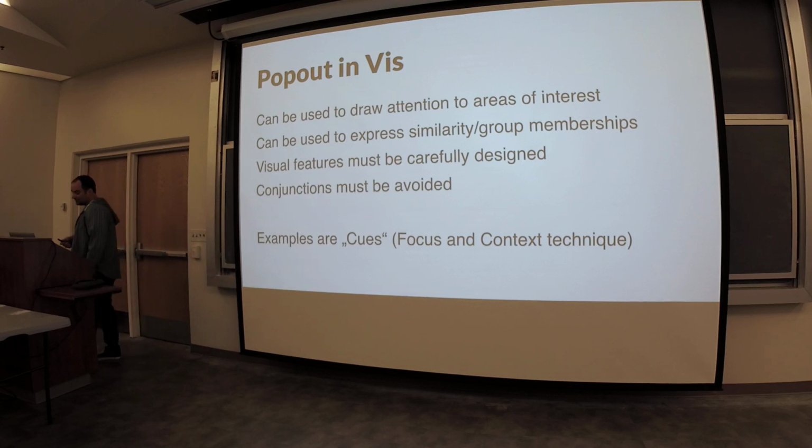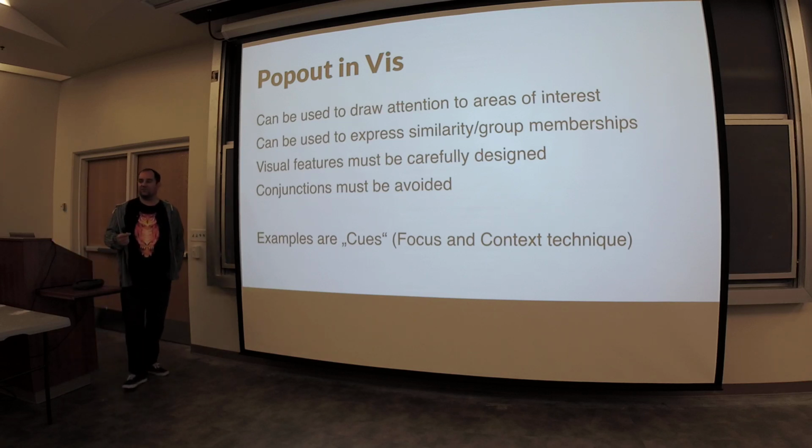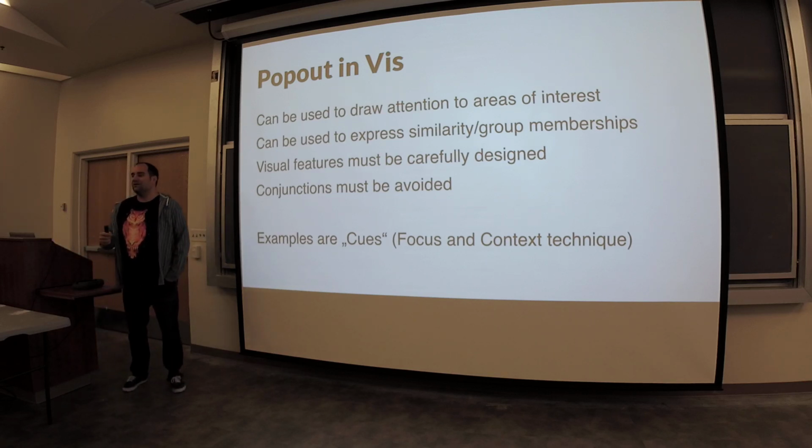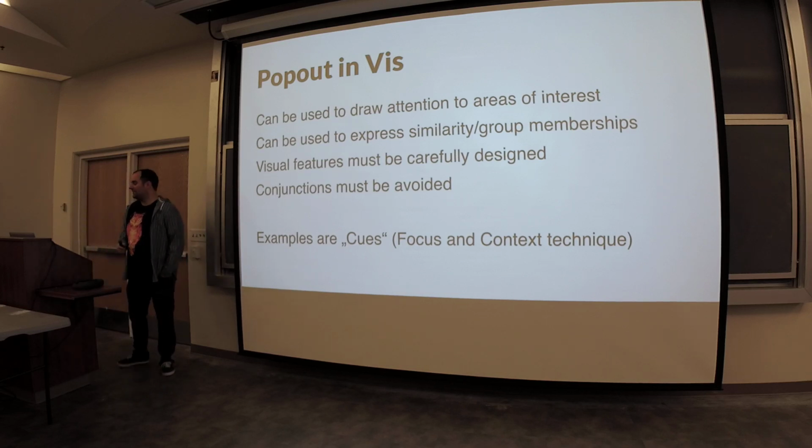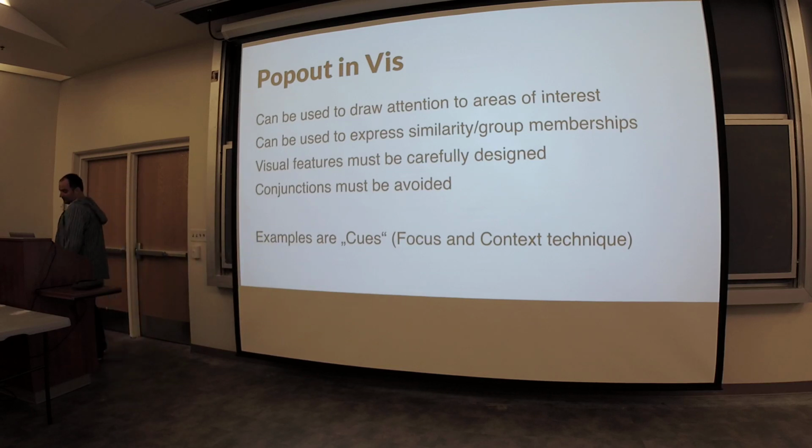And the thing is though that I have to be quite careful about designing those visual features. We learned this from these conjunctions and also distractors. It works if we have red over blue, but it doesn't work if you have red over blue and green and violet and so on. So if there's a sea of different colors, then we cannot use color anymore as a pop-out feature.